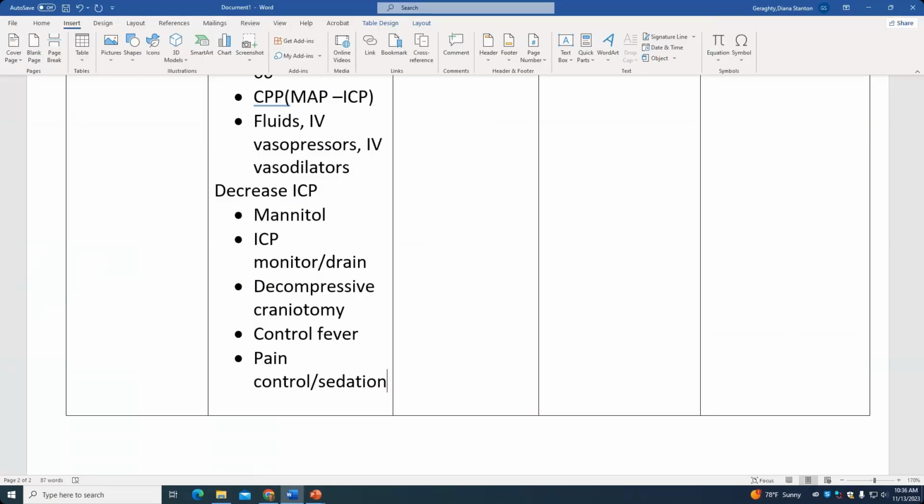Down you go, and they will heavily sedate. They try not to heavily sedate, but you can go from anywhere from just Tylenol to full-on sedation with paralytics and everything. So that pain control sedation is arranged based on your ICP.